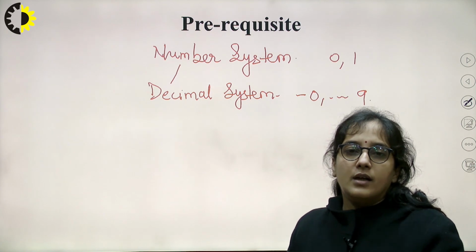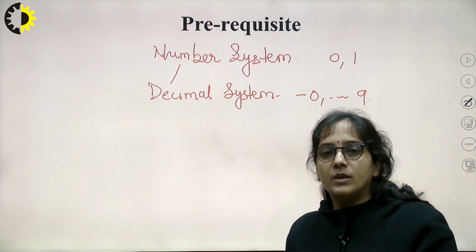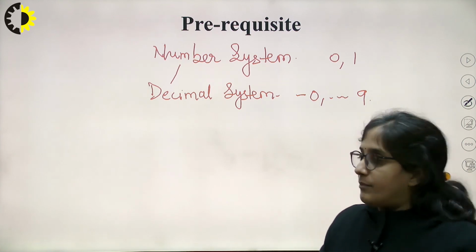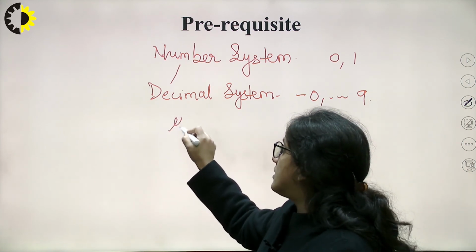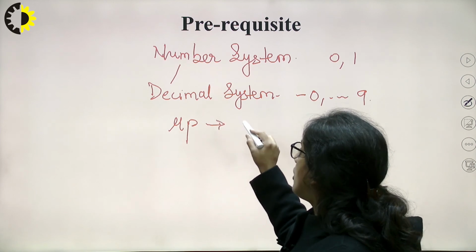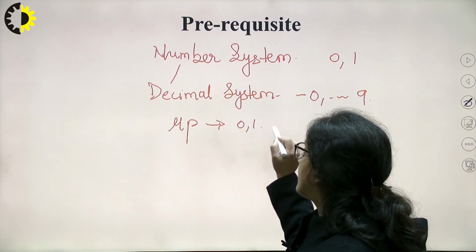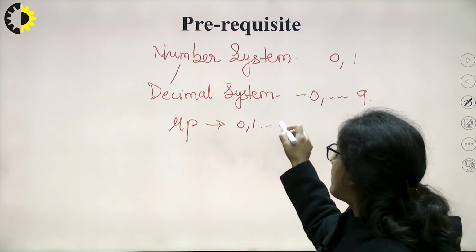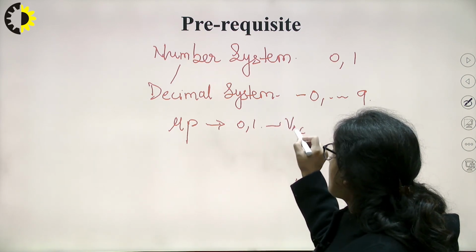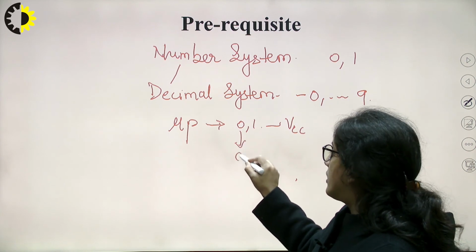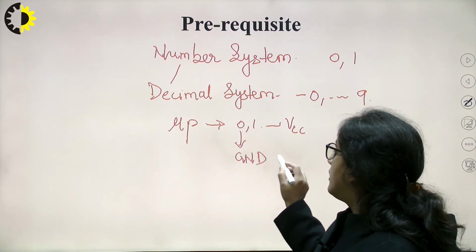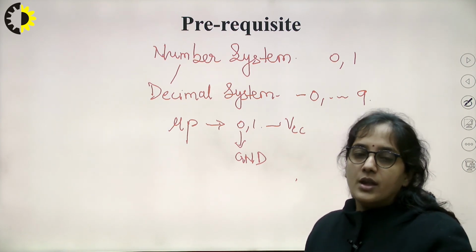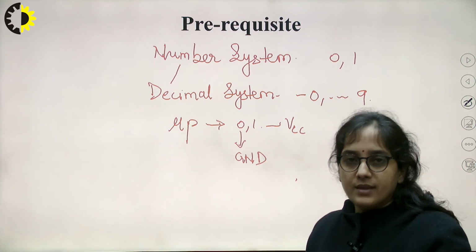But the machine, that is your microprocessor, understands only 0 1 0 1, that is a digital signal. You can say VCC and ground: 1 is represented by VCC and 0 is represented by ground or 0 volt. So, the microprocessor will understand the 0 1 language, that is your binary number system.